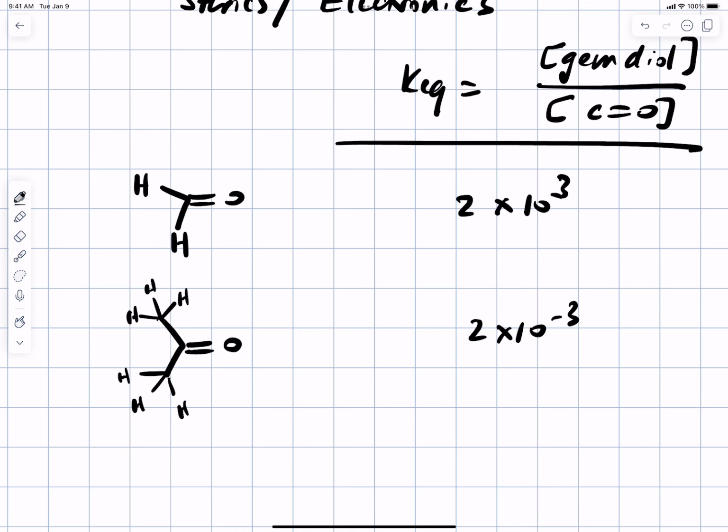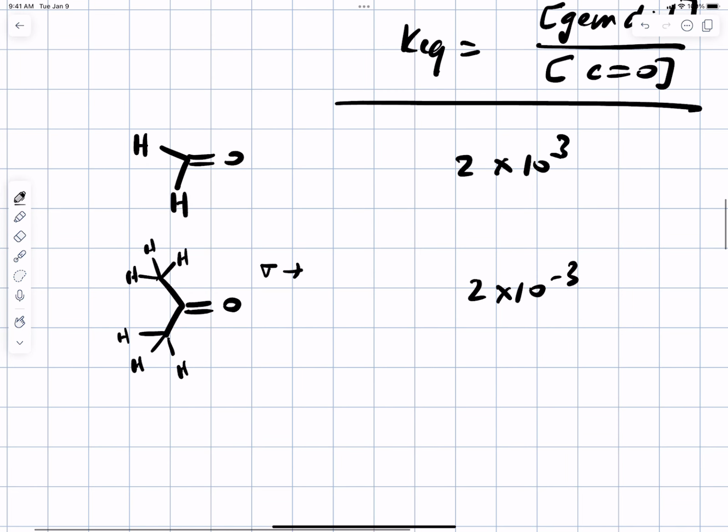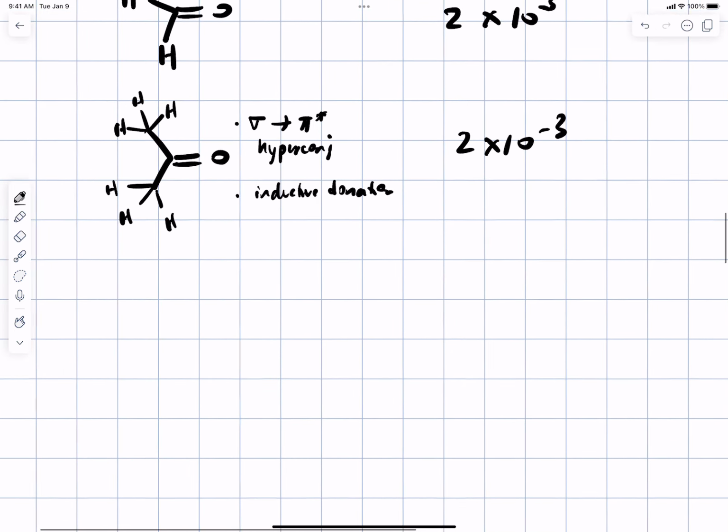So you can have a stabilizing sigma to pi star hyperconjugation, in addition to inductive donation. Both of these will tend to spread out the LUMO. The hyperconjugation effect will tend to raise the energy of the LUMO, spread it out, make it less reactive. So those are both reasons why the ketone is less reactive than the aldehyde.